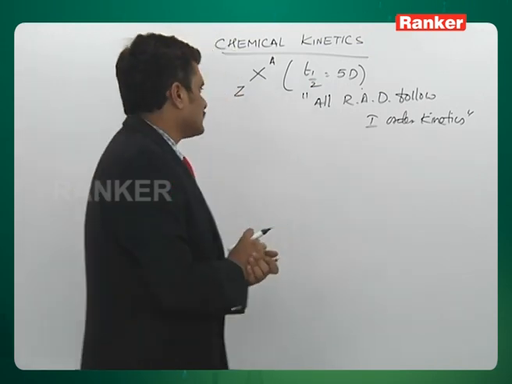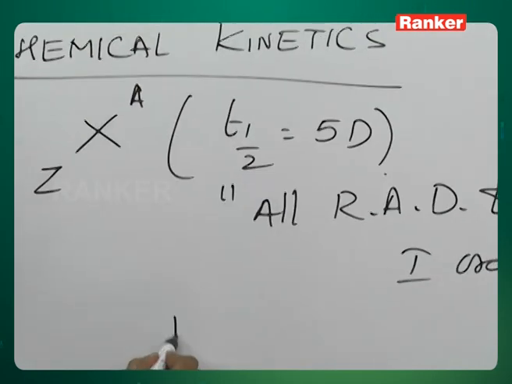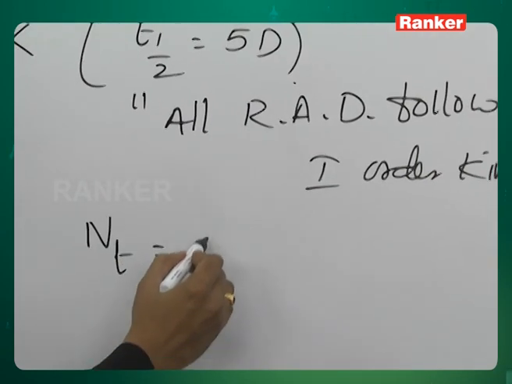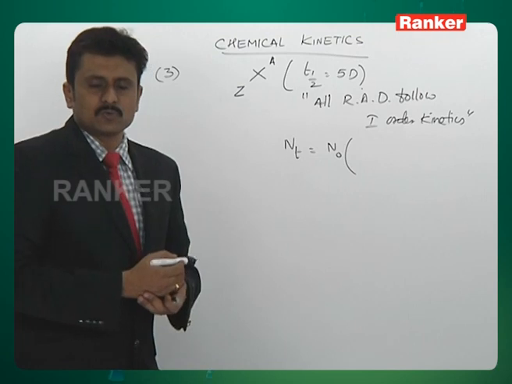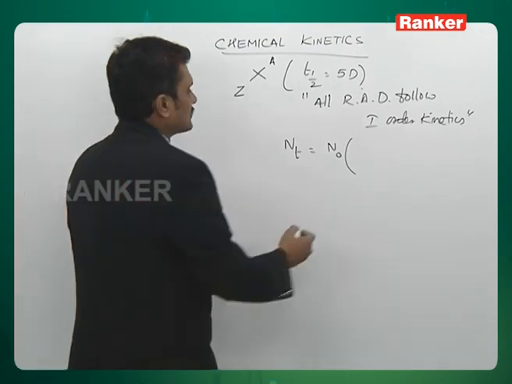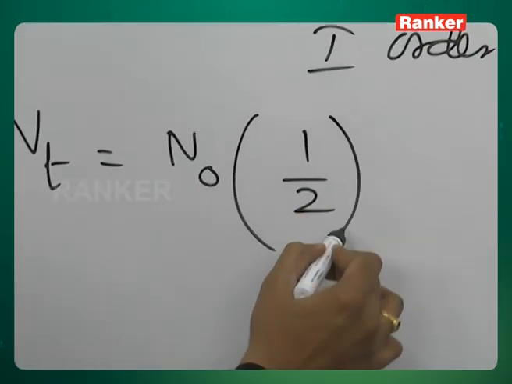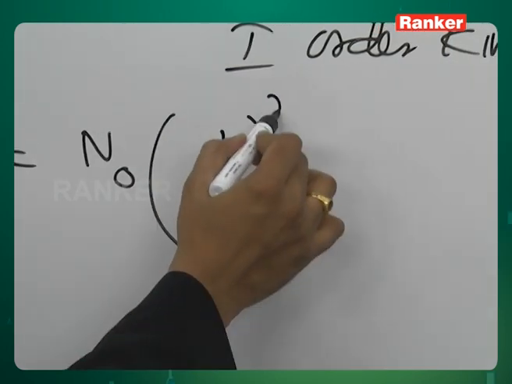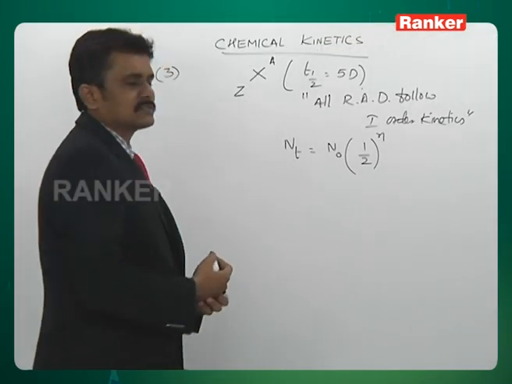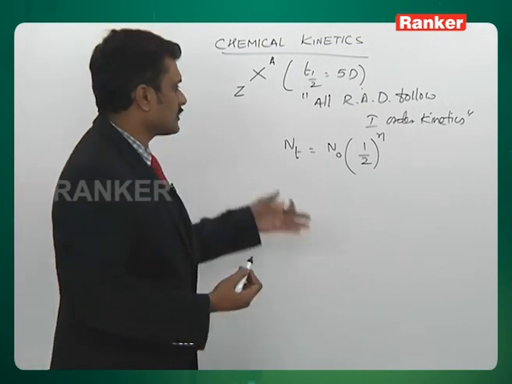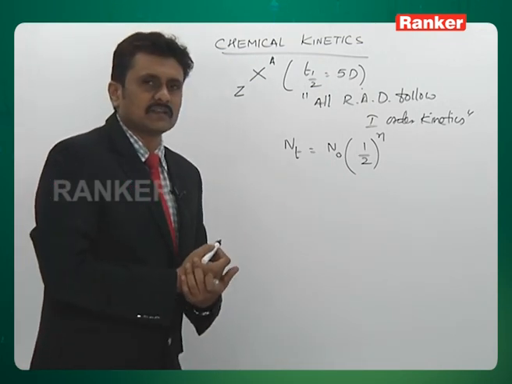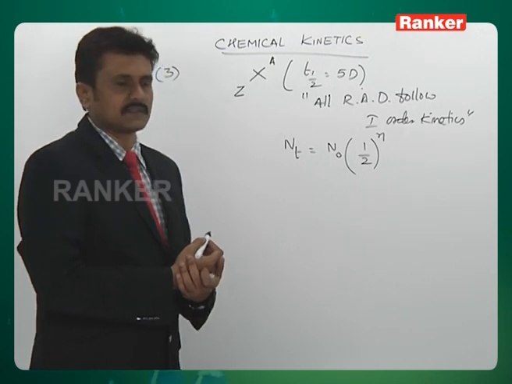What I mean to say is that the number of atoms remaining after n half-lives is equal to the initial number of nuclides times 1/2 to the power of the number of half-lives. We are going to use this simple formula to find the number of nuclides remaining after n half-lives.